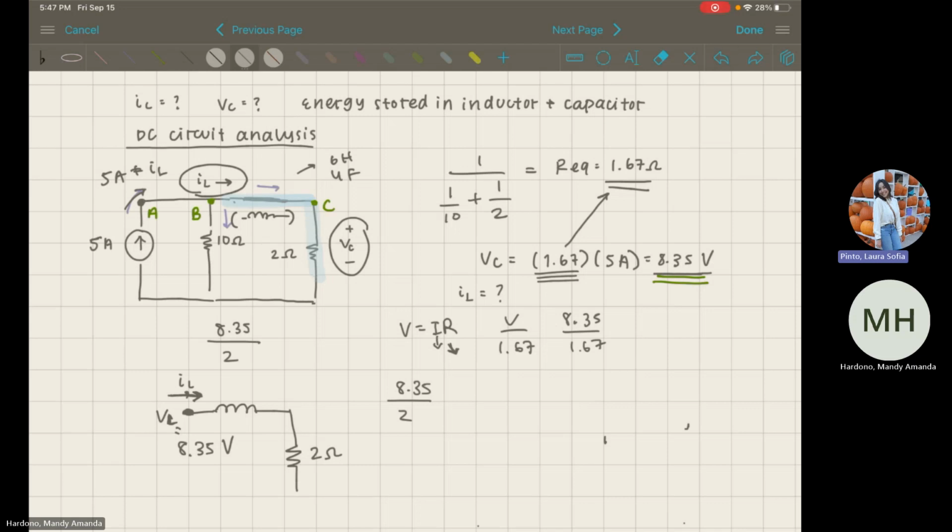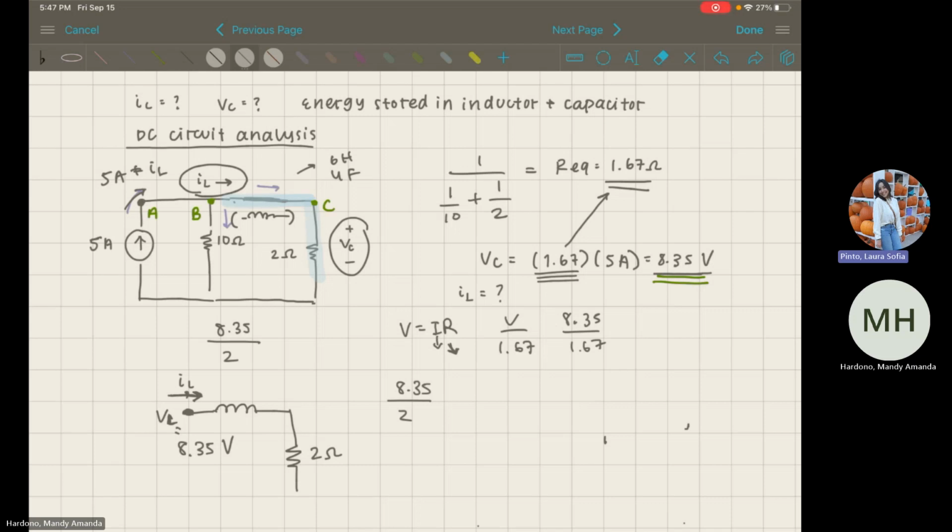If I were to use voltage division, because I'm just trying to find the simplest form so it's less taxing at the end of the test, then I just put it as 8.35 plus 2 ohms over 10 times 2, right? Or did I get that reverse?